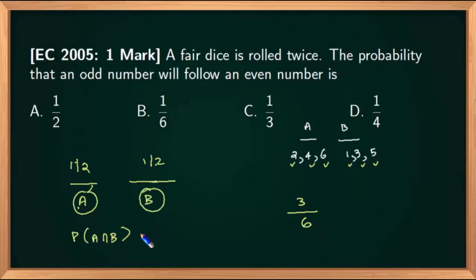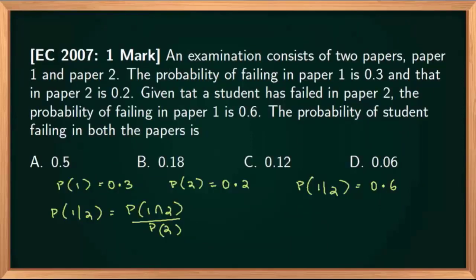Since these two are independent events, I can say that it is P of A into P of B, the product of these two things, which means that my answer must be 1 by 4. 1 by 2 into 1 by 2 is 1 by 4.